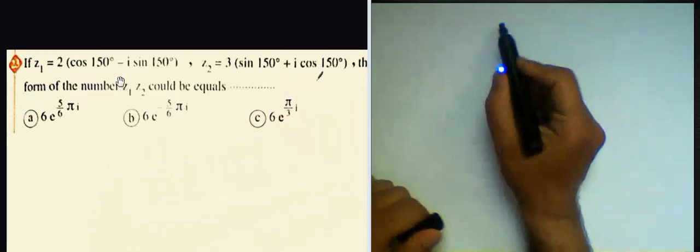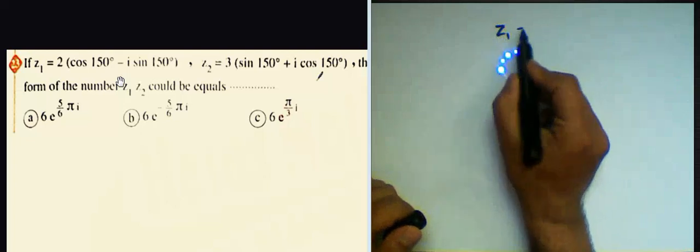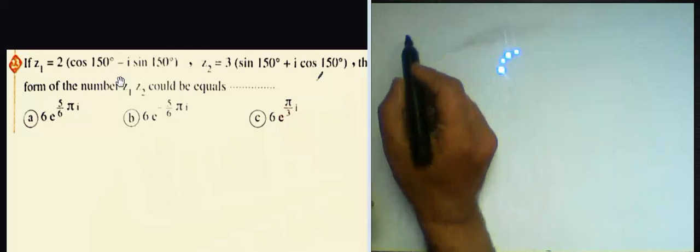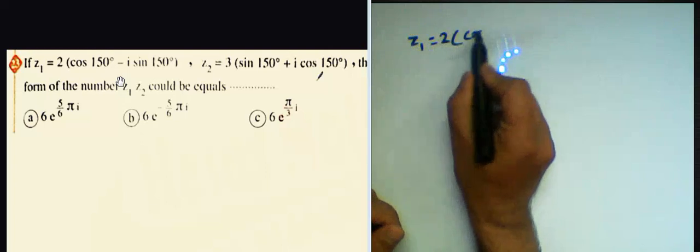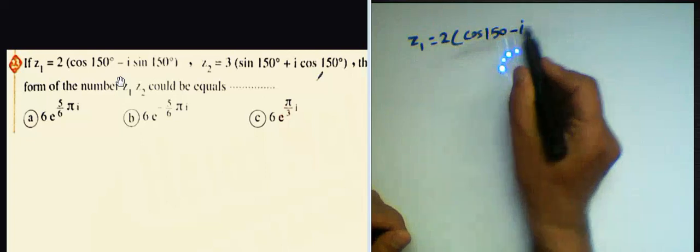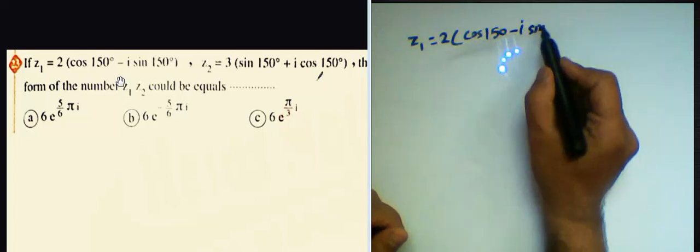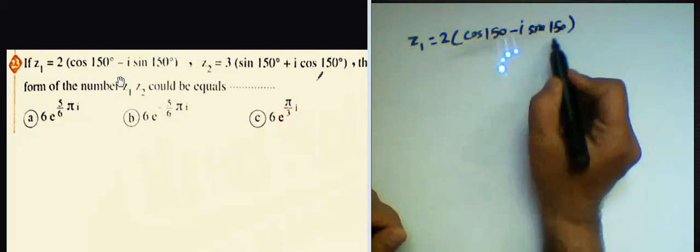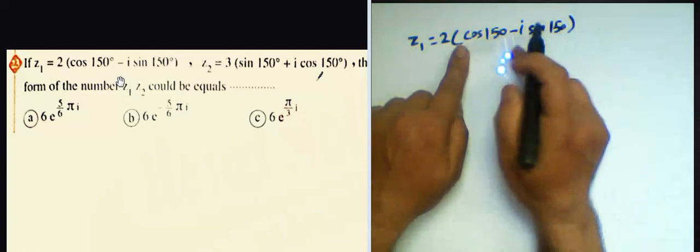Question 23. If z1 equal to cosine 150, look at here, z1 equal to multiplication by cosine 150 subtract I sine 150. We have here positive and negative.